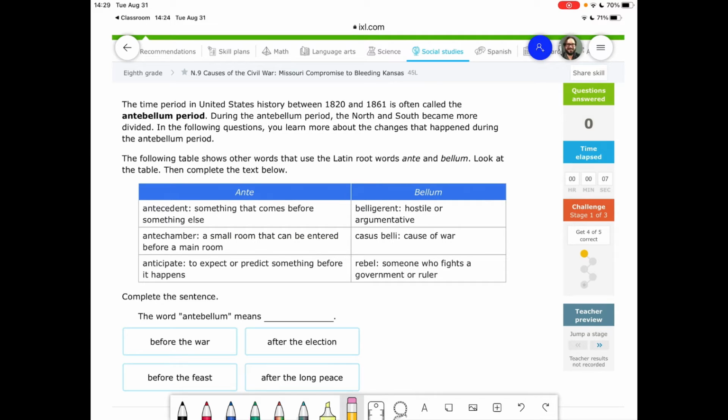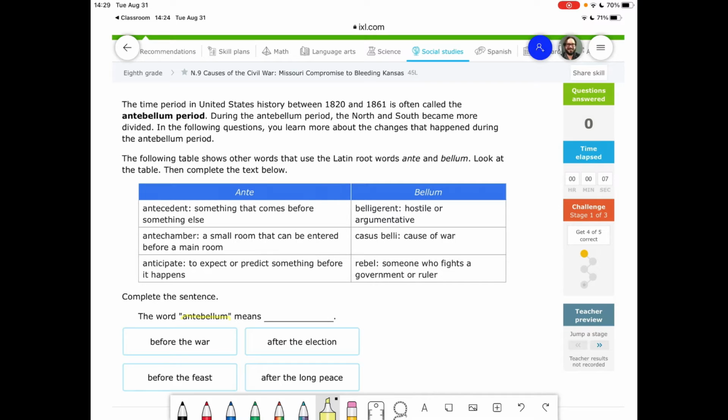So, let's see what the question is that we are being asked. We are told to complete the sentence. So the word antebellum means what? And we have options: before the war, after the election, before the feast, and after the long peace.